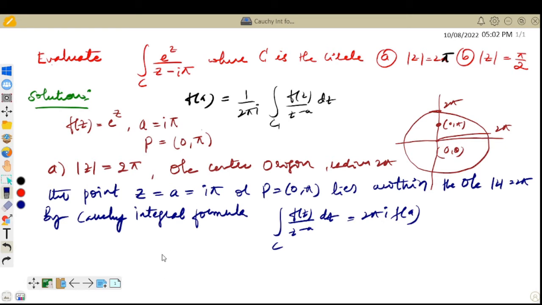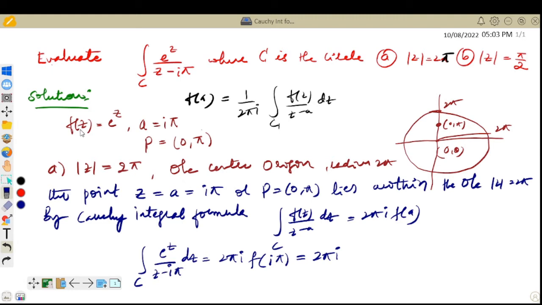So this will become integration over the curve C of e raised to z divided by z minus a, that is z minus i pi, into dz, is equal to 2 pi i into f(a), where a value is i pi. So this is 2 pi i into f(i pi).